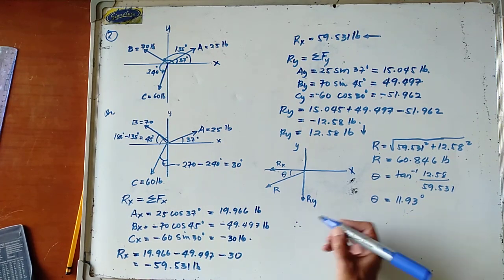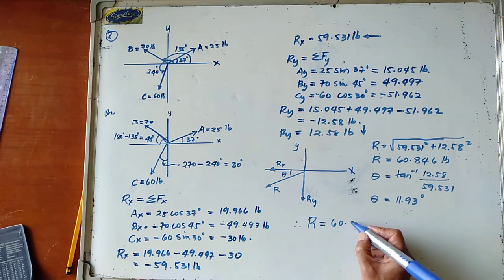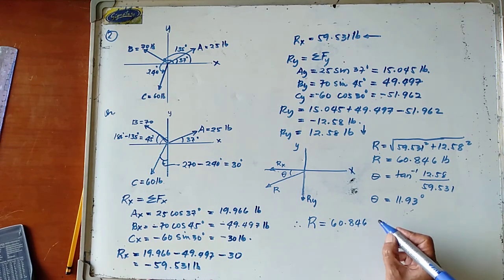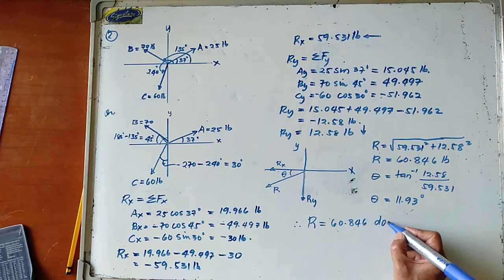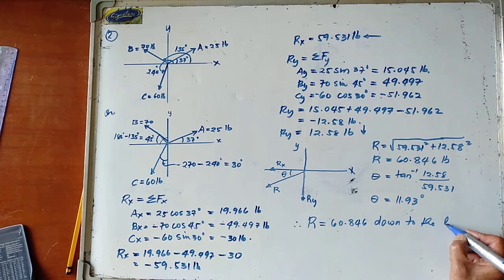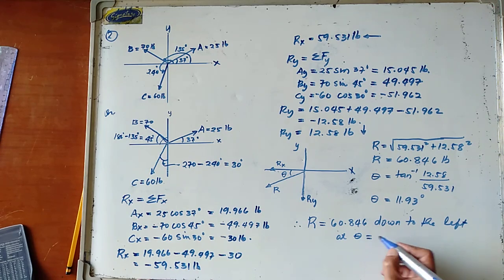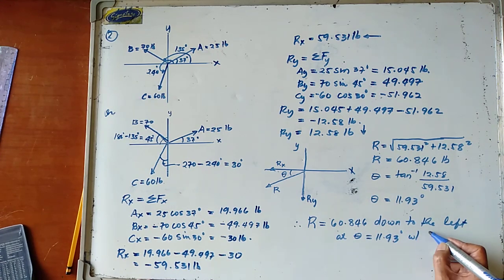Therefore, your R is equal to 60.846, down to the left, at theta equal to 11.93 degrees with the negative x-axis.